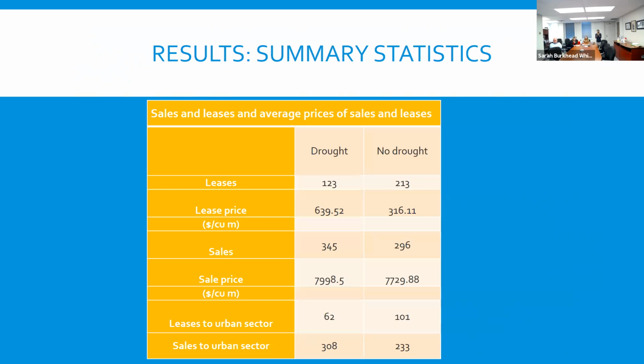I was trying to statistically see the difference between these prices, so I took summary statistics of the lease prices and the sales prices. What came up corroborates, confirms, and supports other studies: lease prices in the drought and no drought situations are significantly different from each other.